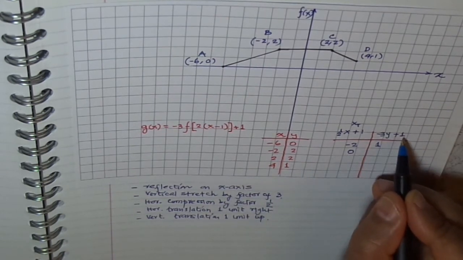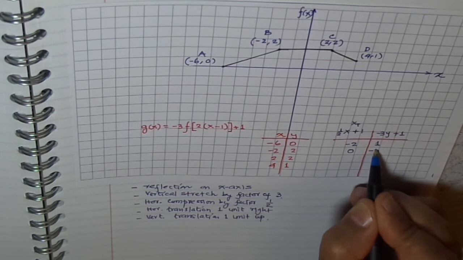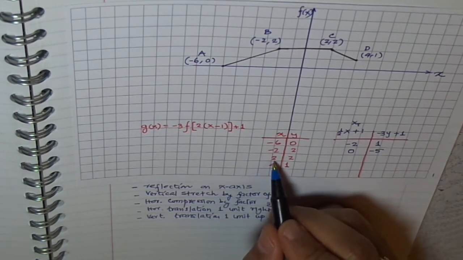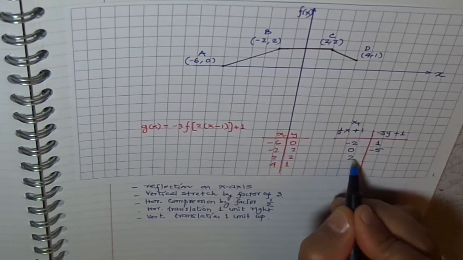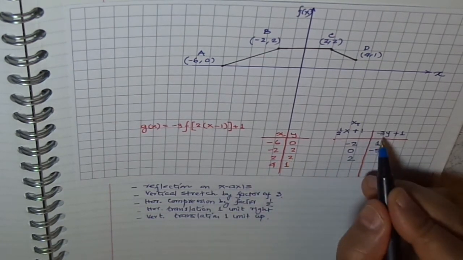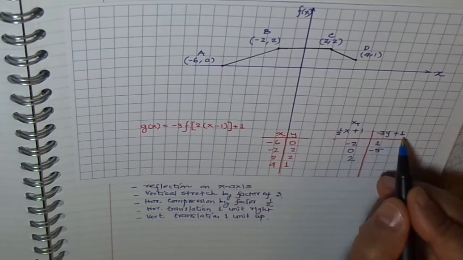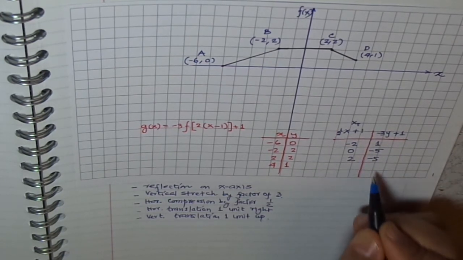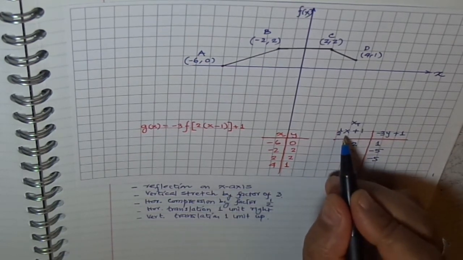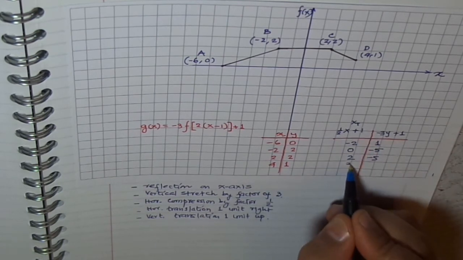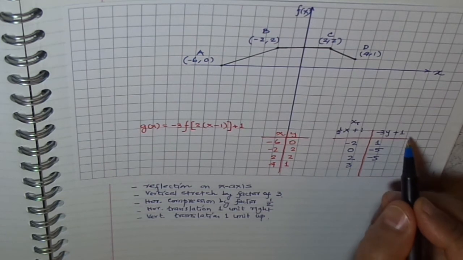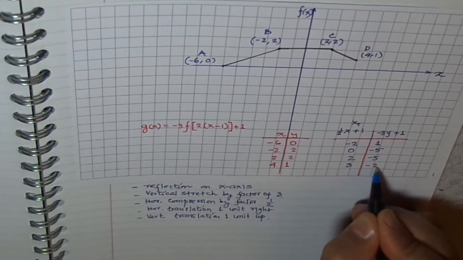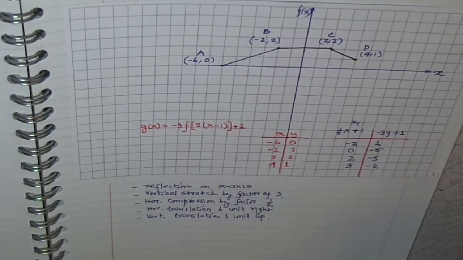Minus 6 plus 1, minus 5. Now again, 2 times half is 1 and 1 plus 1 is 2. With 2, 2 times minus 3 is minus 6. Minus 6 plus 1 is minus 5. 4. Half of 4 is 2. 2 plus 1 is 3. And for 1, minus 3 plus 1, minus 2. So these are our transform points.